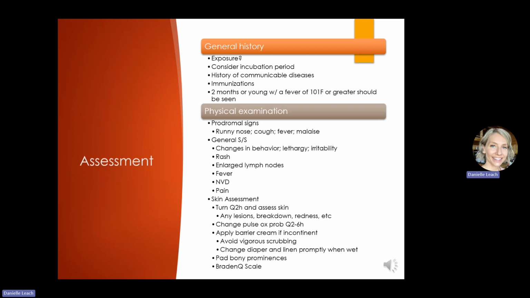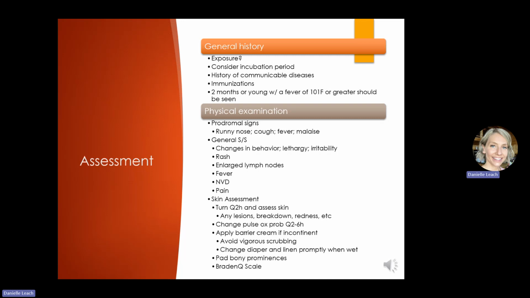Any child that we may come in contact with that's 2 months or younger and has a fever, generally over 101 degrees Fahrenheit, should be seen by a healthcare professional in some way, shape, or form. So at the very least, going to their pediatrician. Depending on what their symptoms are, of course, do they need to go to an urgent care or an emergency room?